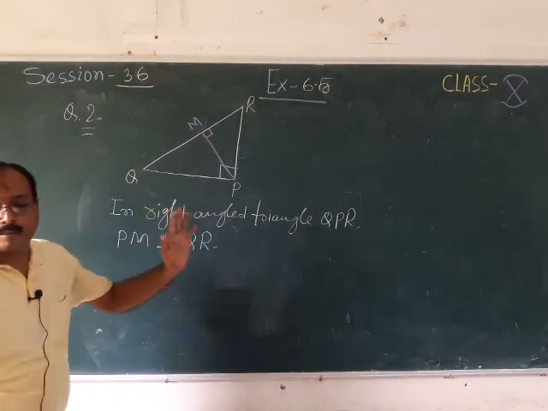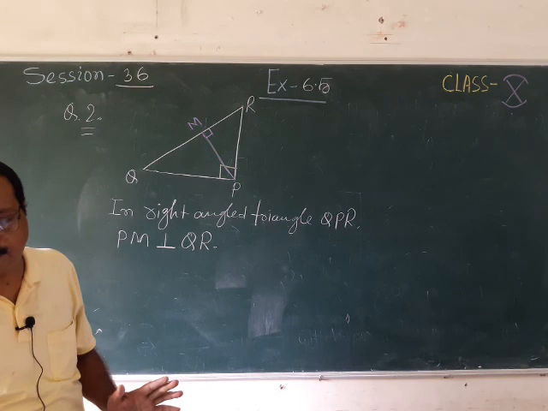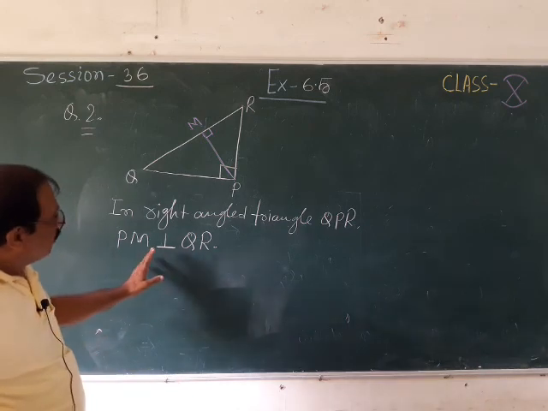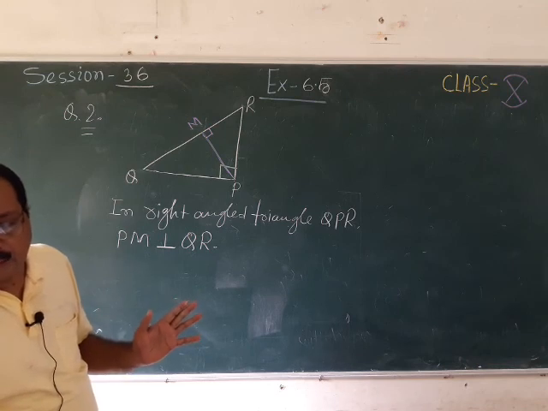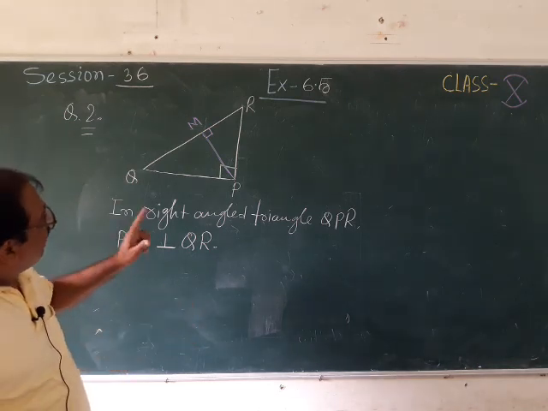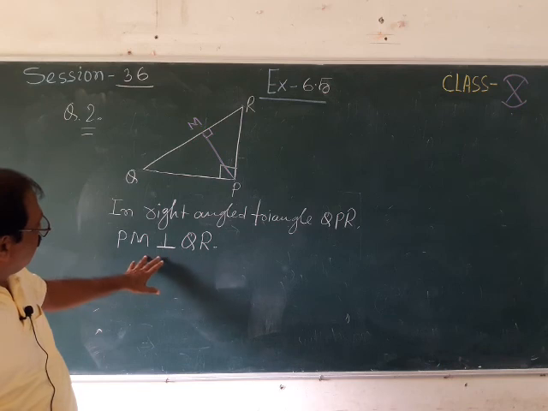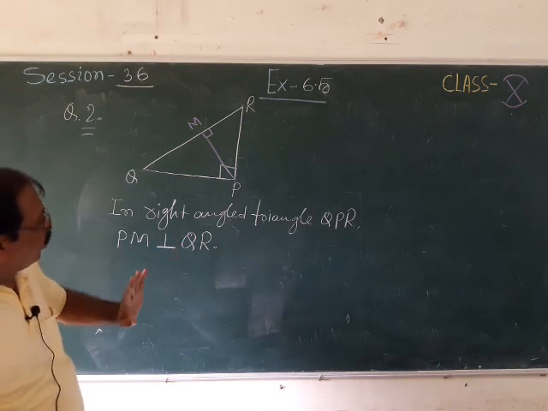It is given there. That means angle P is 90 degree. It is clear. PM is perpendicular to QR.